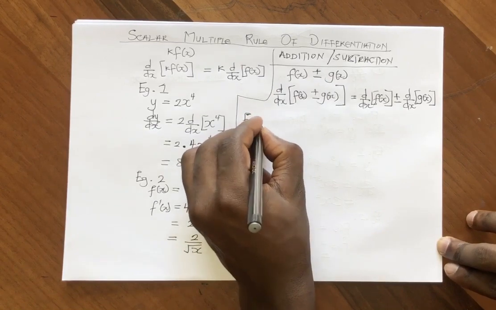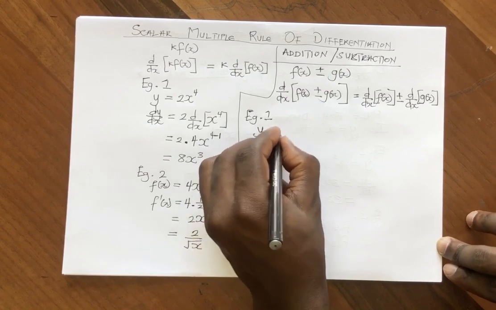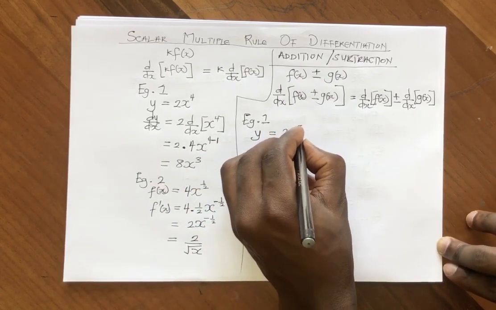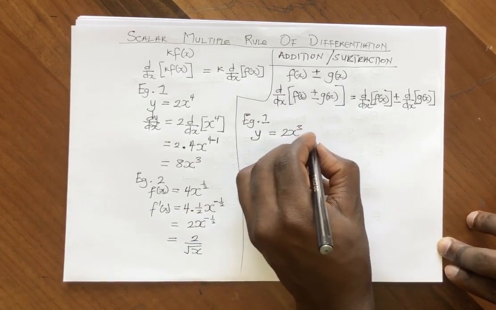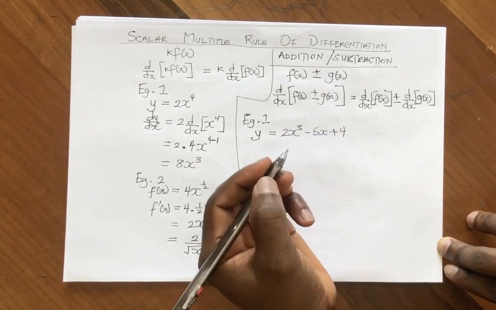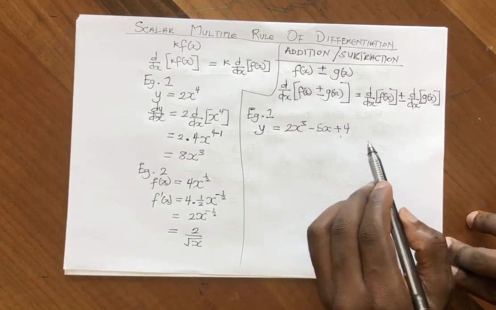Example 1. Given that y is equal to 2x cubed minus 5x plus 4. Remember, we have a constant here. We will see how to treat constants in differentiation.